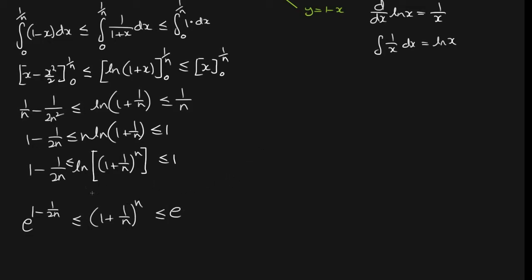Now notice that this side will be a bit less than e because we're subtracting 1 on 2n, and this side will be e. But then notice, if we take the limit as n goes to infinity of 1 minus 1 on 2n, this will just equal 1. So the left-hand side will get squished. It will get closer and closer to e. That's like e there, that's the middle, and that's the left-hand side, and it will kind of squish it into the e.